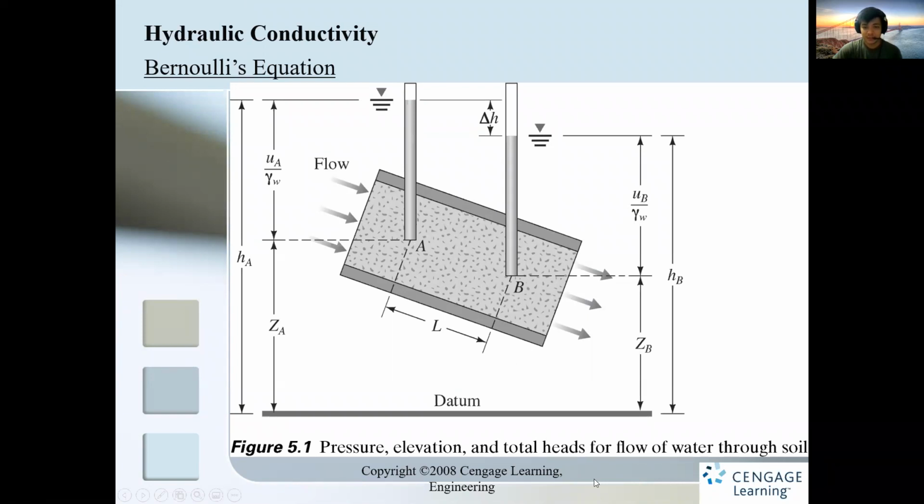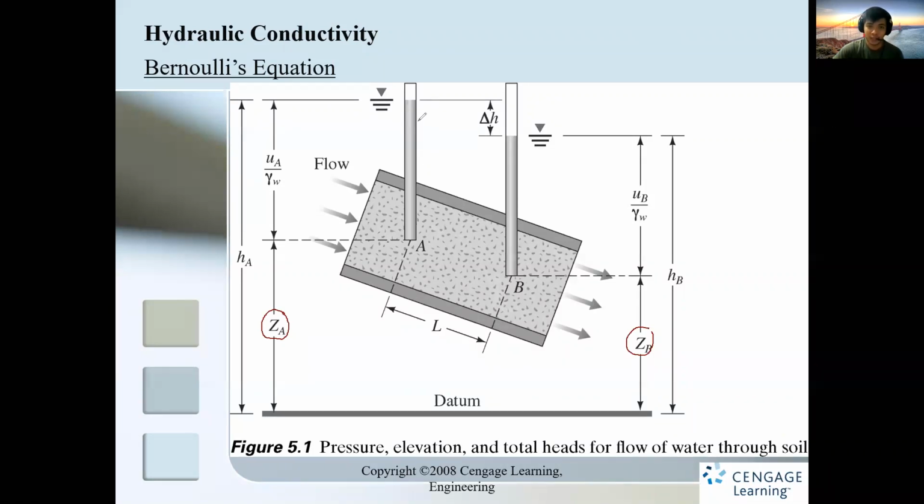Your datum will be determined at a particular distance from your soil. For example, mean sea level can be your datum, or you set your datum to 0. So these are the z variables, up to the particular depth of your observation well.